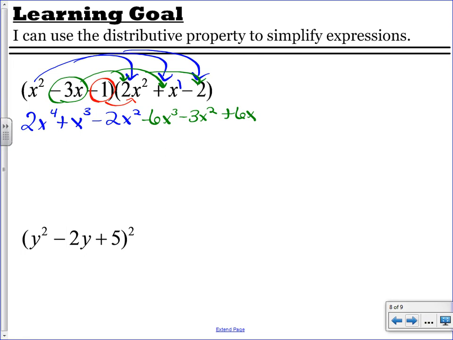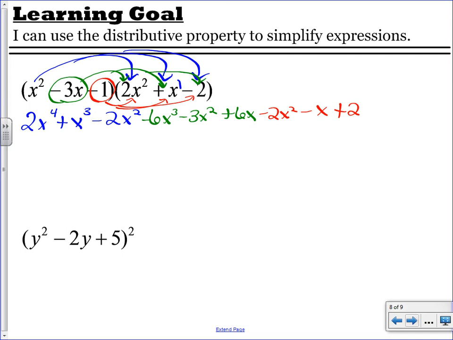Good. Then negative x, and then negative 2. Very good. Negative 1 times negative 2 is positive 2.